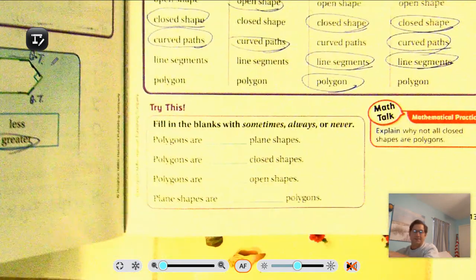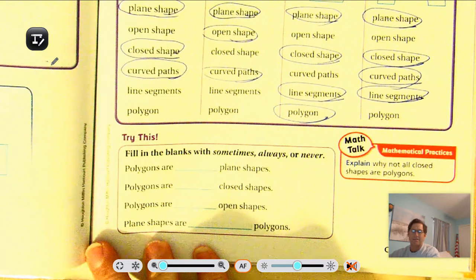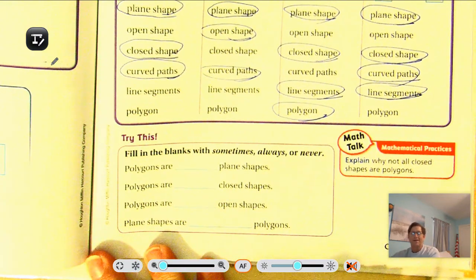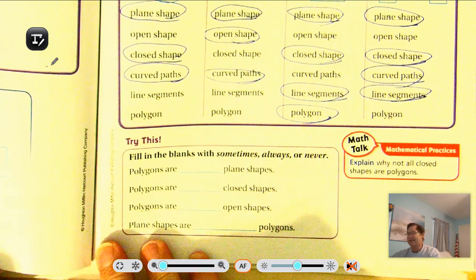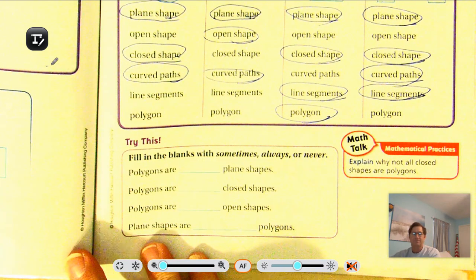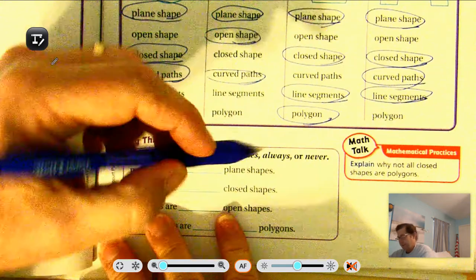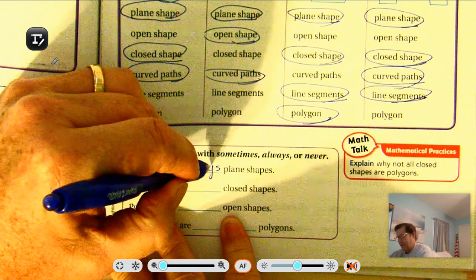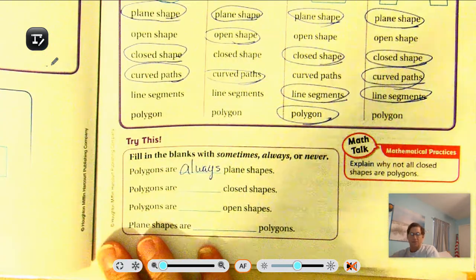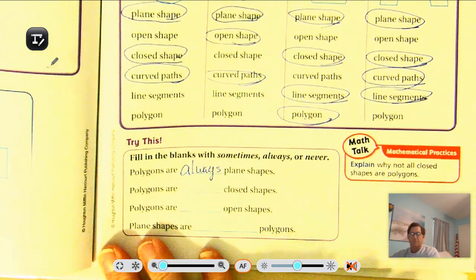So now let's try this. Fill in the blanks with sometimes, always, or never. All right, polygons are blank plane shapes. Always. Okay. Plane shapes are two-dimensional. Polygons are two-dimensional shapes.